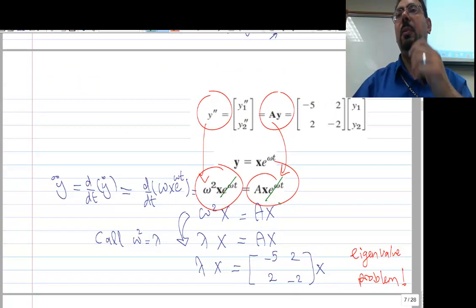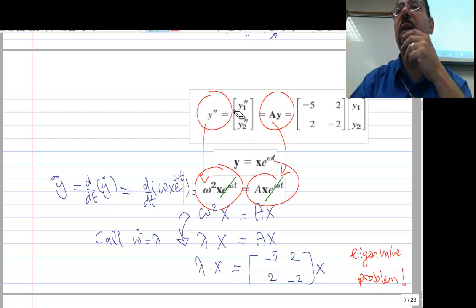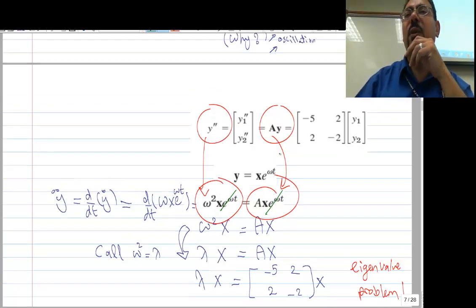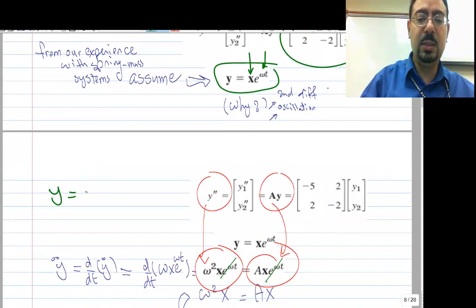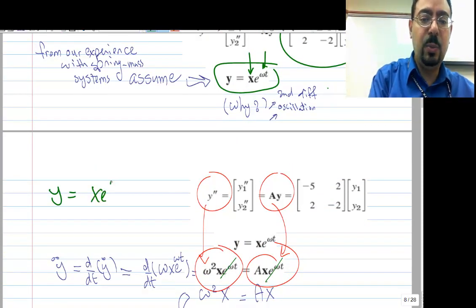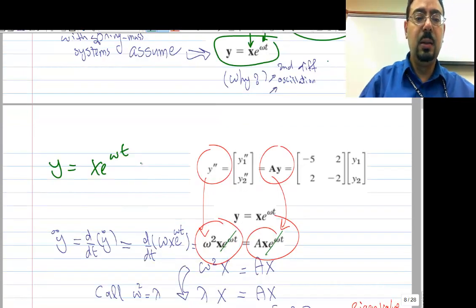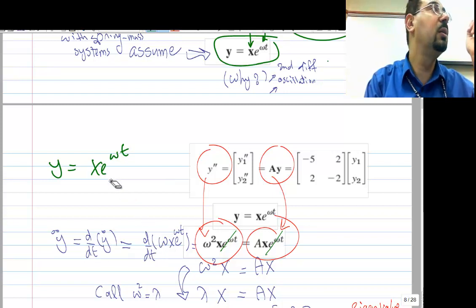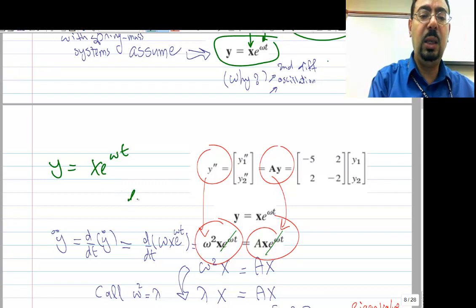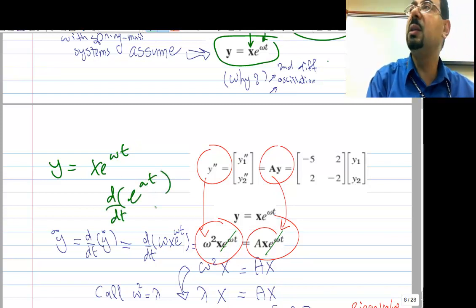So this is inserting the solution. If y is actually x e to the omega t, then the second derivative of y would be the first derivative of y dot. What's d by dt of e to the power at?